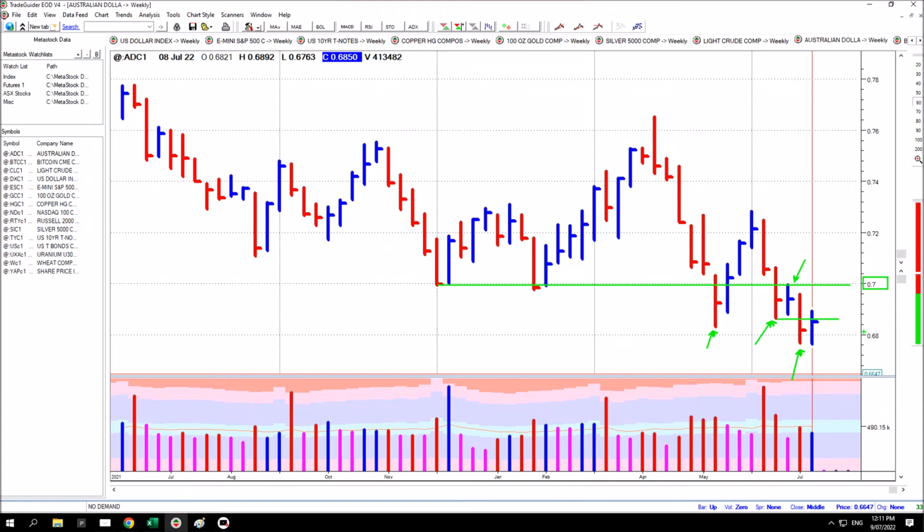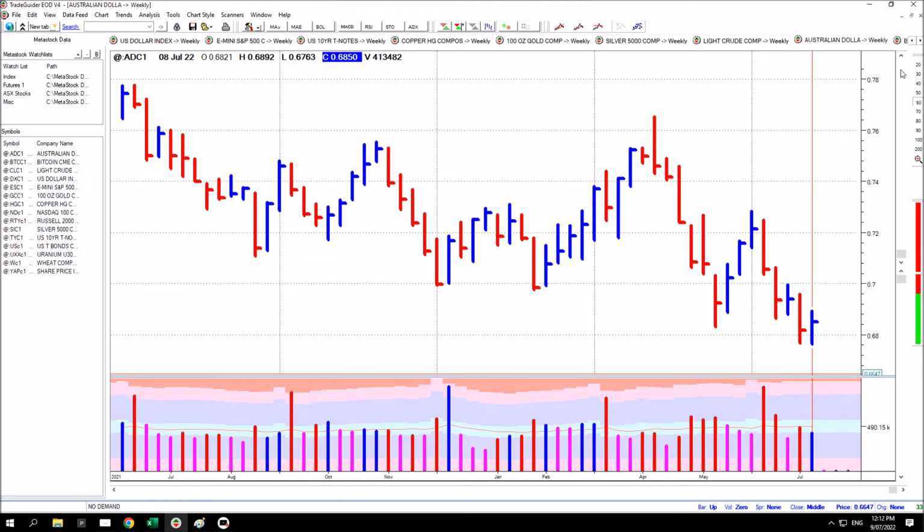There is minor support around 68 cents, and it looks like the market will now try to hold on to 68 cents or thereabouts. It's only a minor level, so if there's ongoing pressure in the market, and I expect there may be over time, the 65 cent level is a little bit stronger than the 68 level, and that's probably where price is going to go.